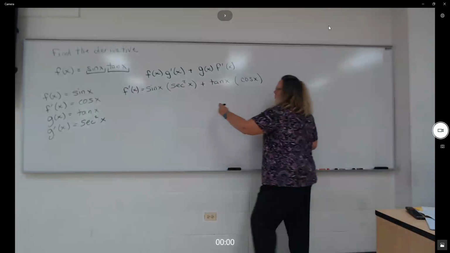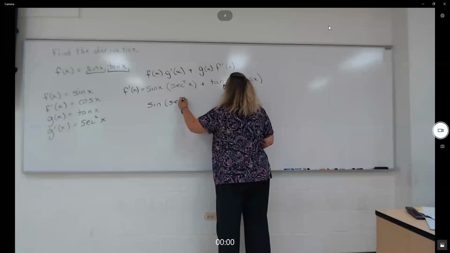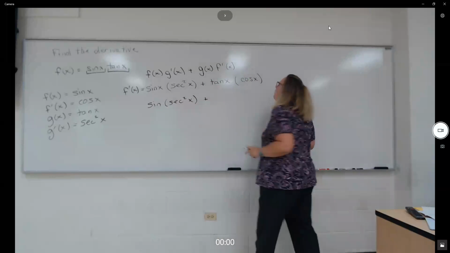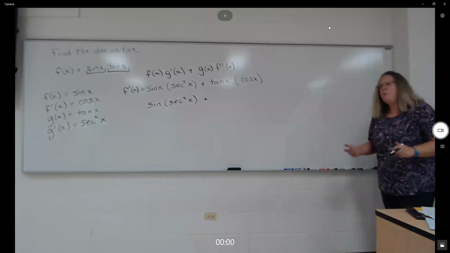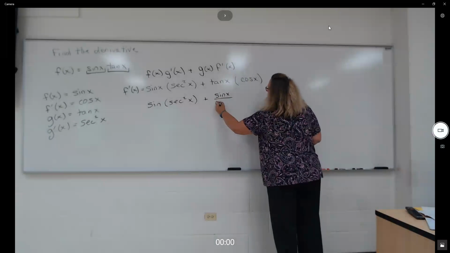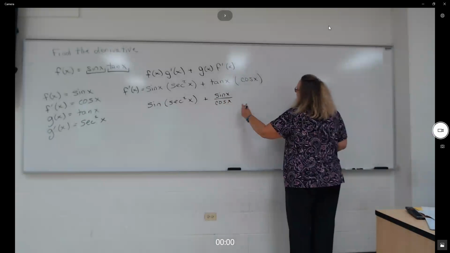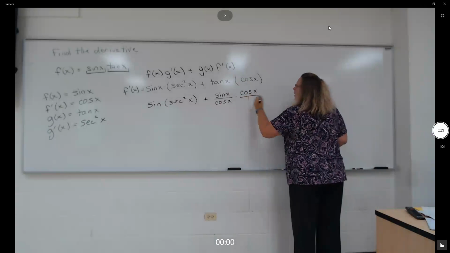Does anyone know how we could write tangent? Beautiful. Yep. Look at this. So this is where trig gets crazy because you never really know, can I simplify, can I not? I'm going to write this as sine over cosine.